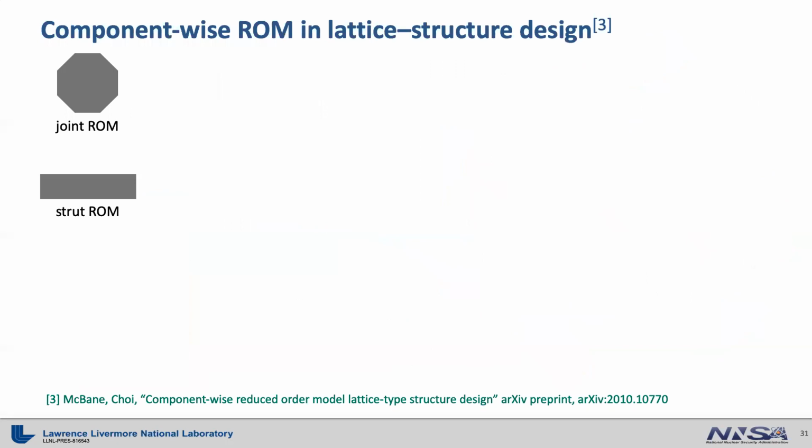But if I describe this component-wise reduced order model with a more concrete example, let's say we are trying to analyze a lattice structure design problem. Let me explain how we did that in this example. First of all, we built two component ROMs, the joint ROM and the strut ROM.